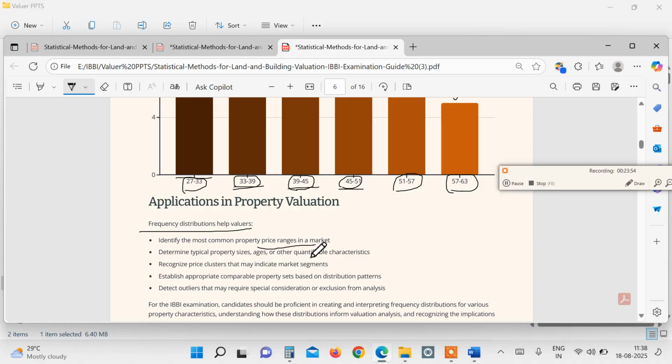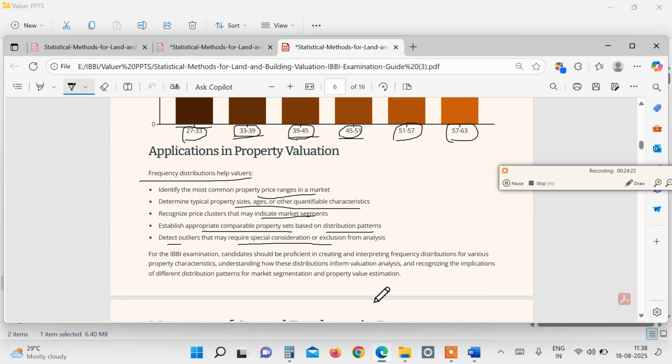It determines the typical property sizes, ages, and other quantifiable characteristics. It recognizes price clusters that may indicate market segments. It establishes appropriate comparable property sets based on the distribution patterns and detects outliers that may require special consideration or exclusion from the analysis.